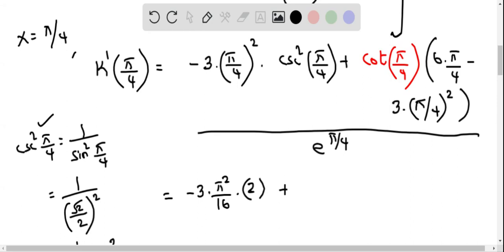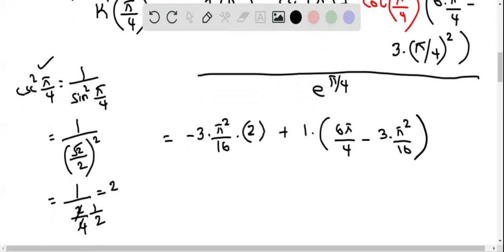we now have a cotangent of pi by 4, which is 1 over tan pi by 4, and tan pi by 4 is 1, so basically this is 1 over 1, which equals 1 times 6 times pi by 4. I write as 6 pi by 4 minus 3 times, this is pi squared by 16, and this is over e raised to the power of pi by 4.